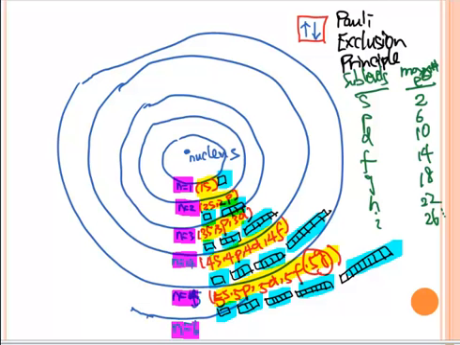So now we start knowing the maximum number of electrons we can put onto each individual sublevel. So now we are inching together toward a feeling for how we fill those electrons up in those orbitals.